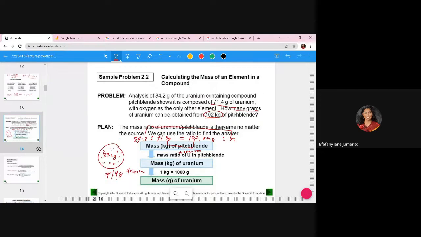Now, let's divide na dayon. 7 million divided by 84.2. Okay, so we have pitch blend.